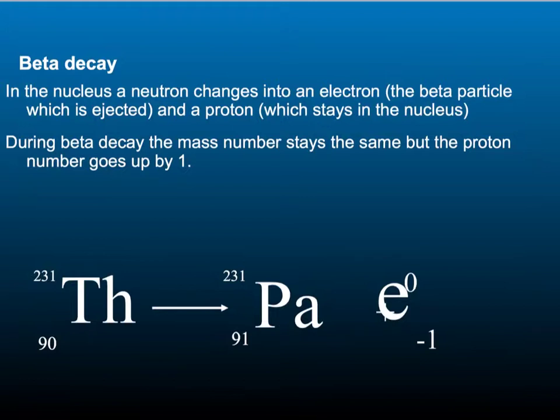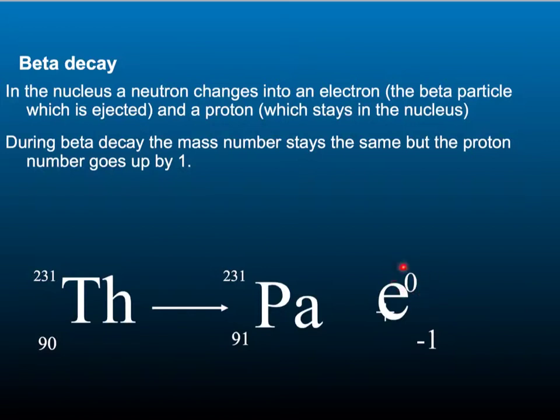So with our decay equation for beta decay, you can see that the mass number has stayed the same, and because one of the neutrons has turned into a proton, the proton number has gone up by 1. And because we have to balance both sides of the equation, this is where the -1 comes from on our beta particle.